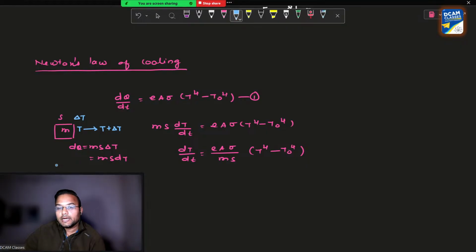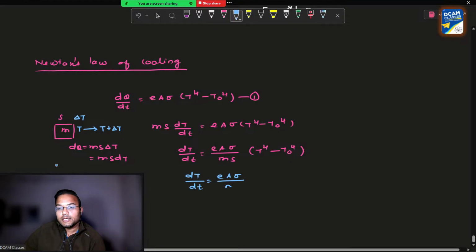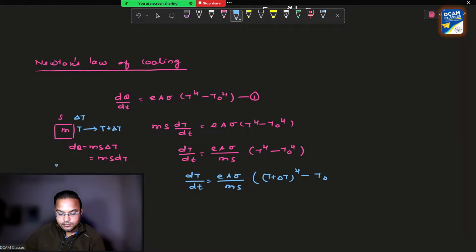So I can write this equation as d temperature by dt is equal to EA sigma by ms into T plus delta T whole power 4 minus T naught power 4, or I should write T naught plus delta T.